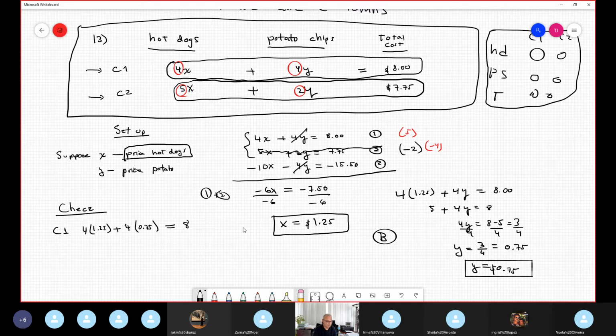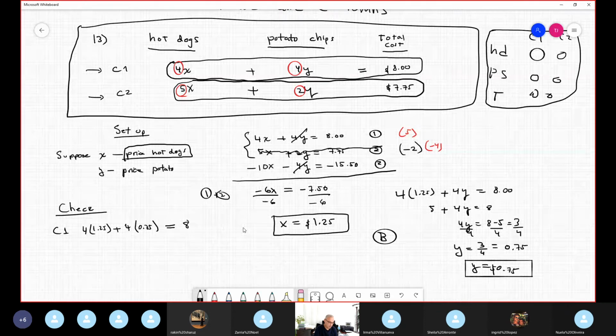I put it in my calculator: 4 times 1.25 plus 4 times 0.75. Bang! I get 8. I prove that this is completely true.